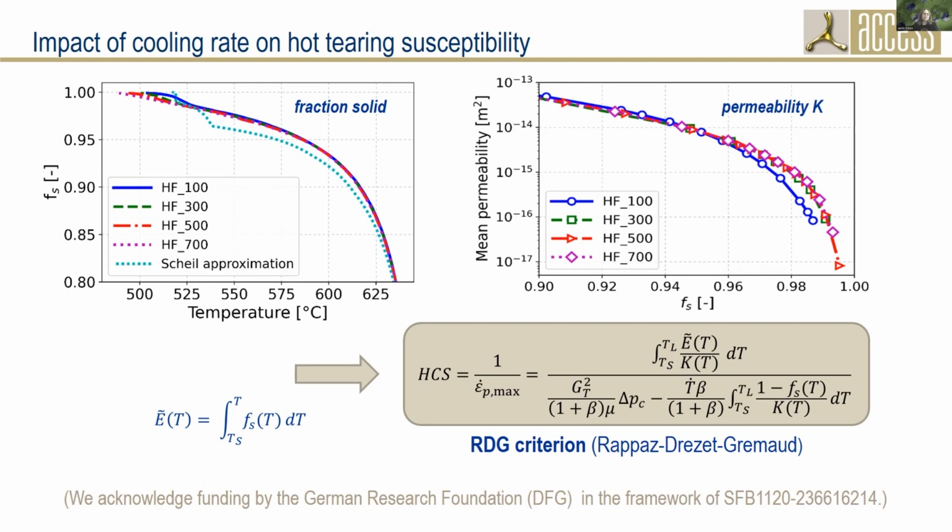This is an ongoing project, and in further work, I think it is planned that improved criteria might be found, which take into account more detailed information that we can get from correlating the simulated morphology directly to the hot tearing.